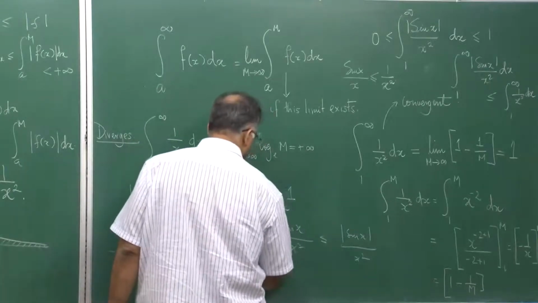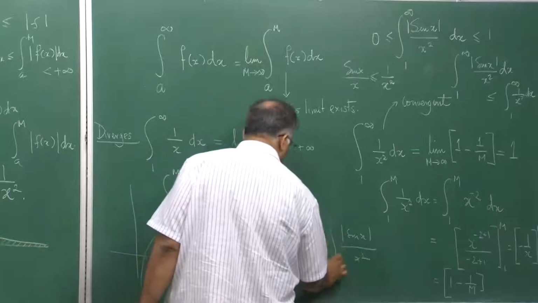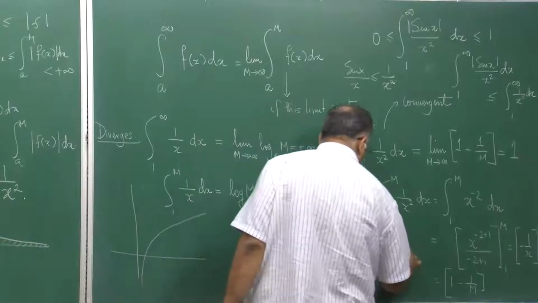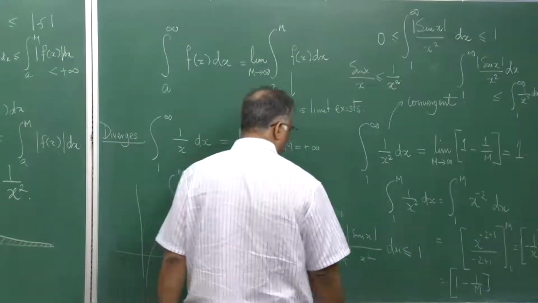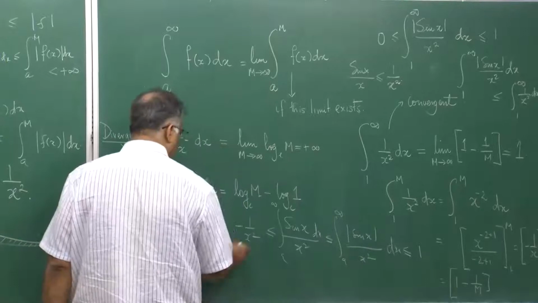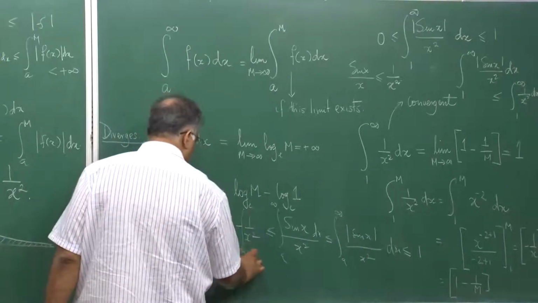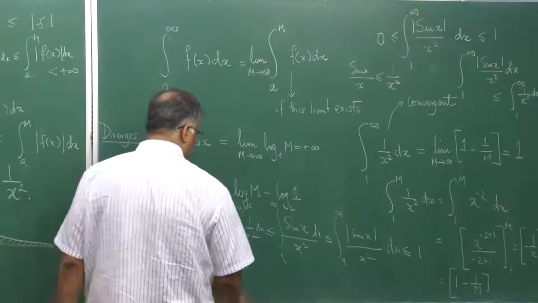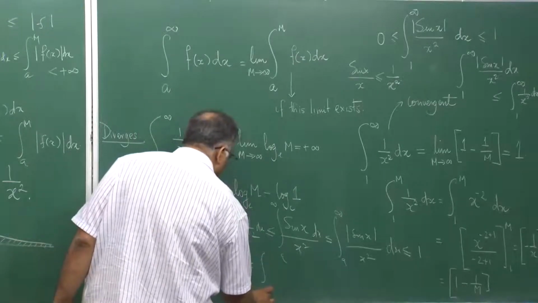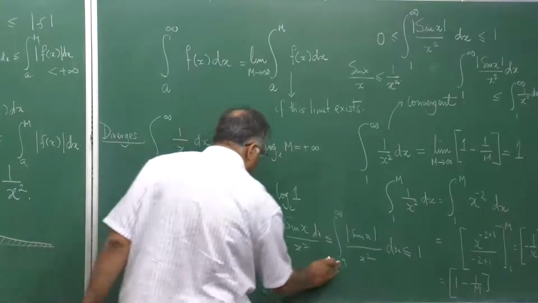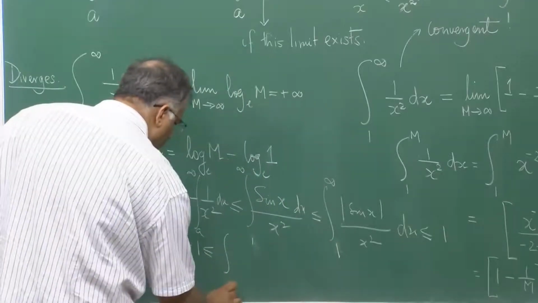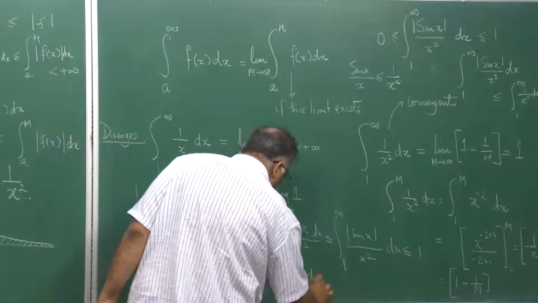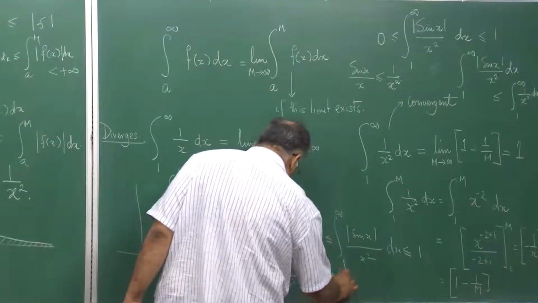So if we integrate from a to infinity dx, this you have just proved to be less than 1, and here I can again integrate this side also from a to infinity dx. Here we will immediately prove that it will be minus 1. So the integral from 1 to infinity of sin x by x square dx is lying between plus 1 and minus 1.